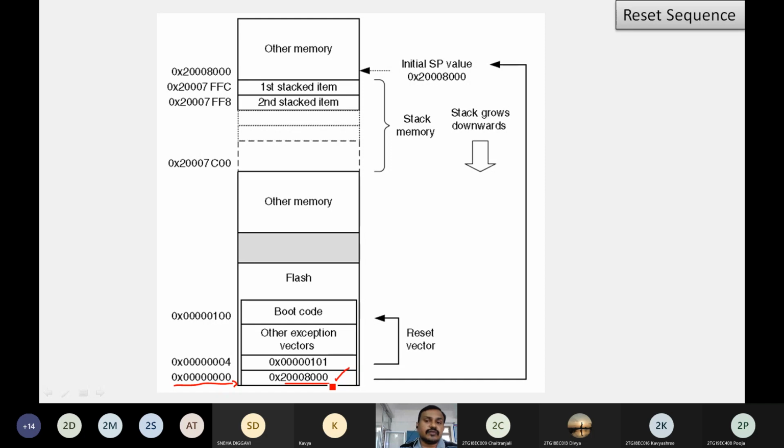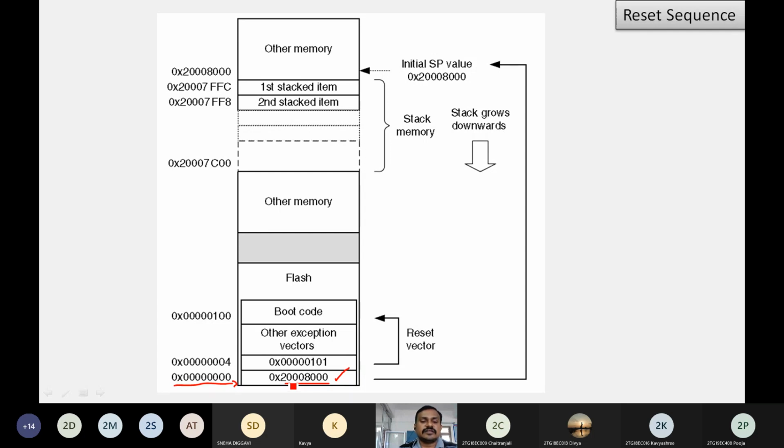So how does the stack pointer come to know? Once the reset is activated, the stack pointer is going to point immediately at the 0th address. In the 0th address, it is mentioned where it has to begin, or where the actual stack memory is.